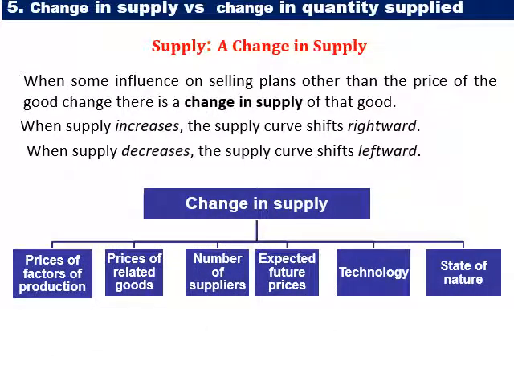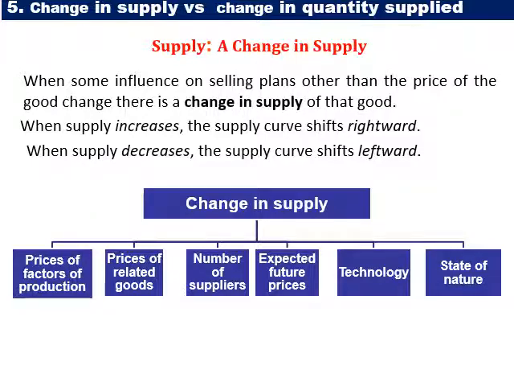Now, let's move to the next point, which is the factors that affect the supply and that will lead to a shift of the entire supply curve to the right or to the left. Well, when there is no change in the price of the good, but there are some changes that affect selling plans other than the price, we say that there is a change in the supply of that good. This means that the quantity of the good that producers plan to sell will change at each and every single price.